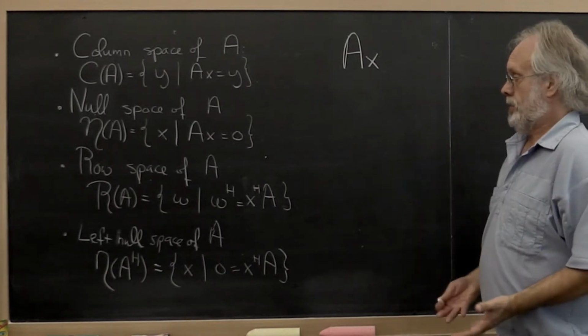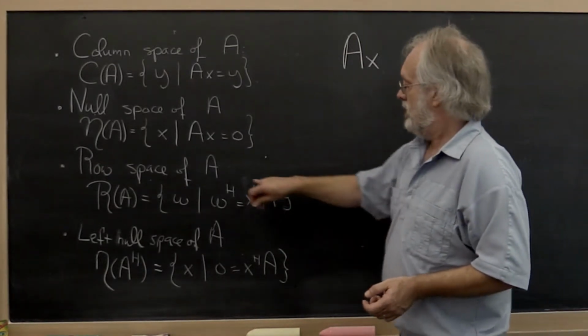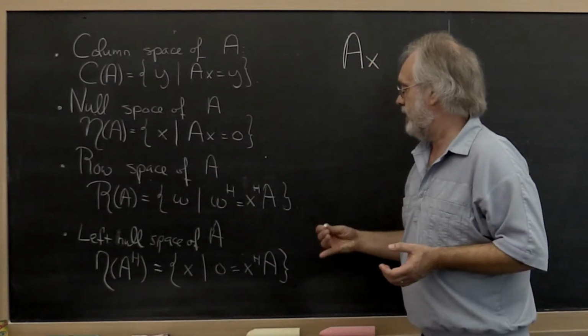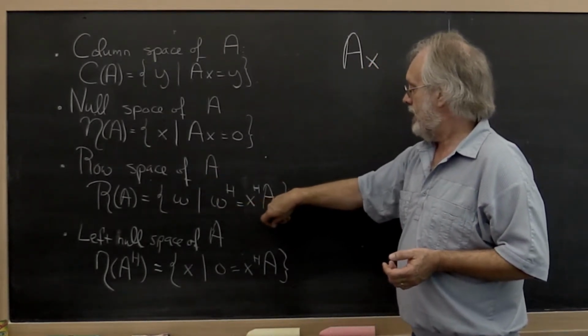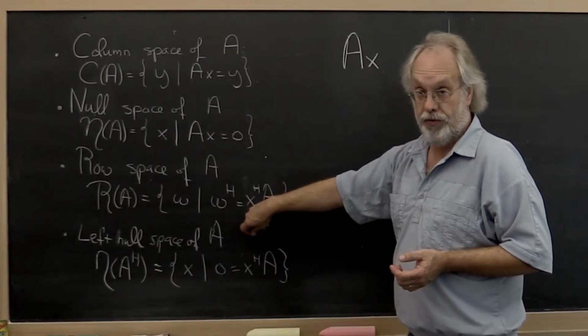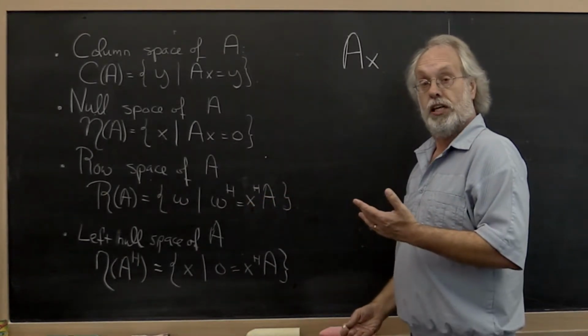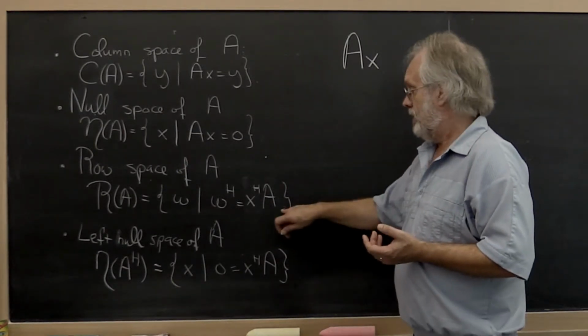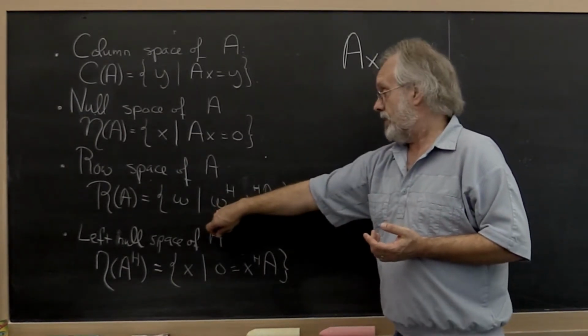And then another space that you found was the row space of A. And the way I like to think of that is if you multiply a matrix A on the left by a vector, a row vector, then what you're doing is you're taking linear combinations of the rows of A. That, of course, is a row vector.